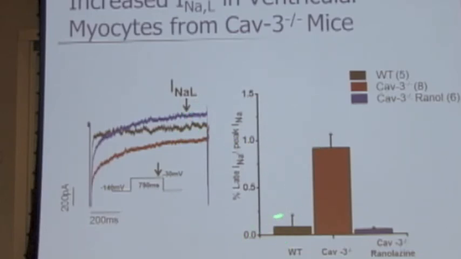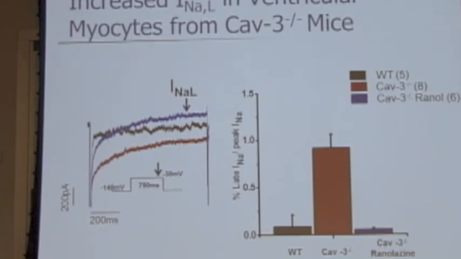So if we plot this out, the late current as the percent of late current over peak current, it's around the range of 0.1%, goes up to 0.8% or so in the knockout mouse, and ranolazine gets rid of most of that late current.